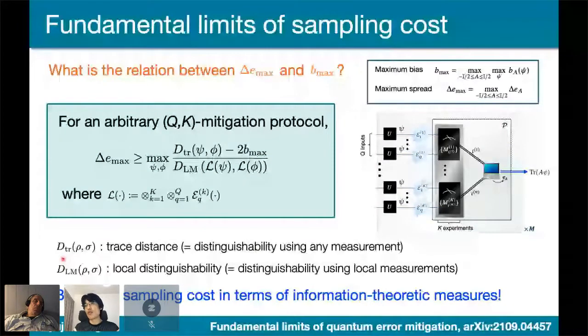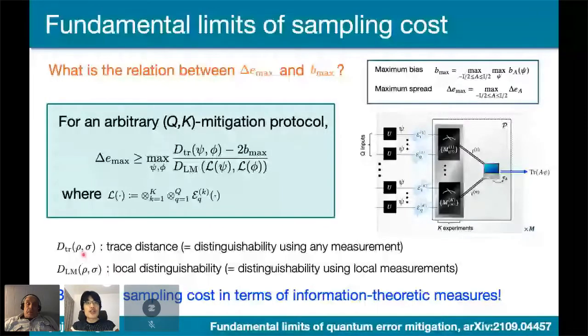The operationally relevant setting is that you're given state rho and state sigma, and you're asked to distinguish between these two states by making quantum measurements. The success probability of guessing correctly is characterized by this trace distance. The further apart these two states are, the better success probability you will have in such an operational task, which makes sense.